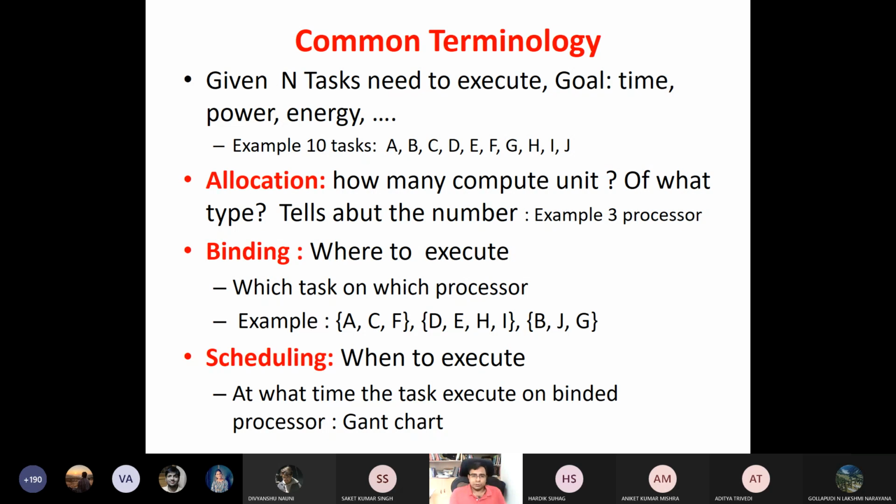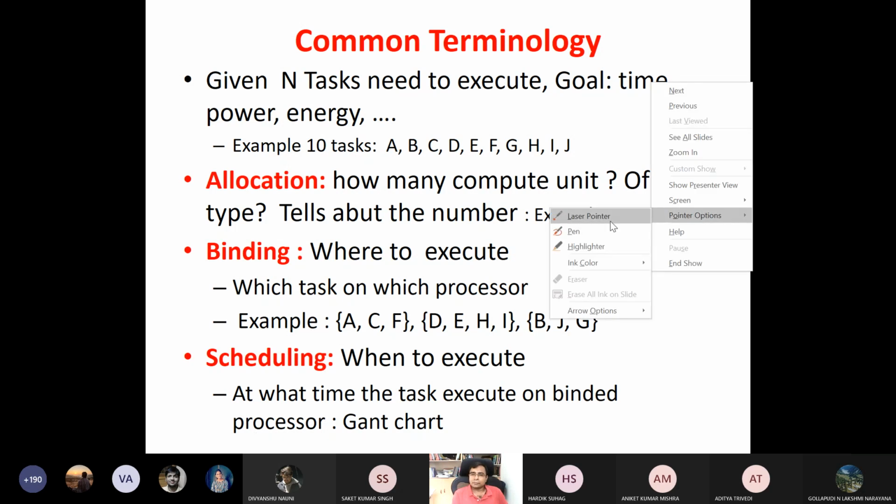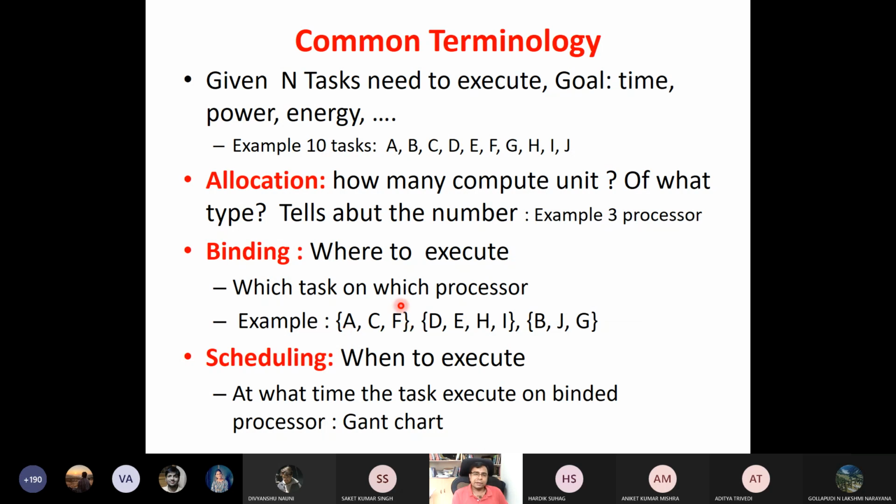In this example, A, C, and F go to processor 1. D, E, H, and I go to processor 2. And B, J, G go to processor 3. So this is one example, with 10 tasks, 3 processors, and this is the division.